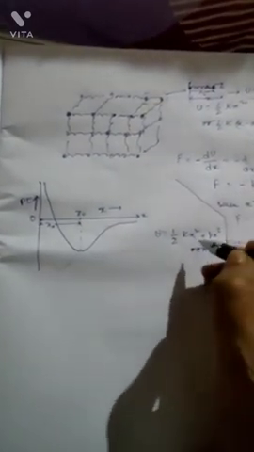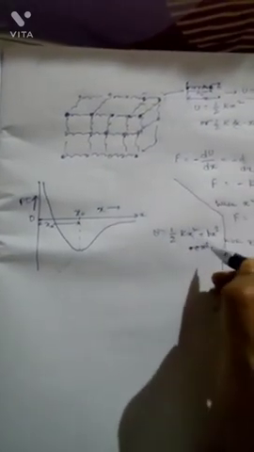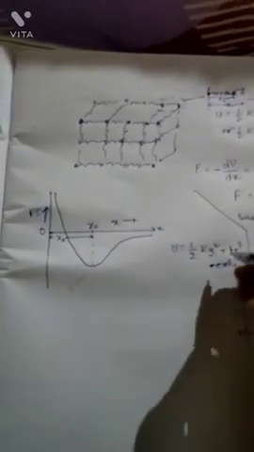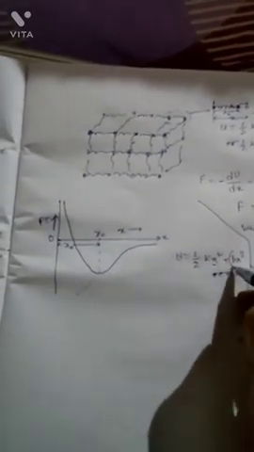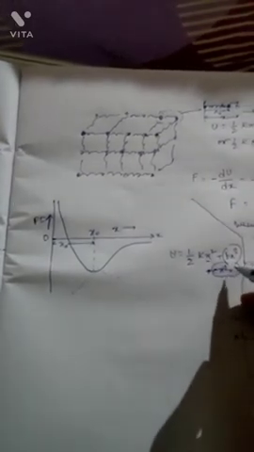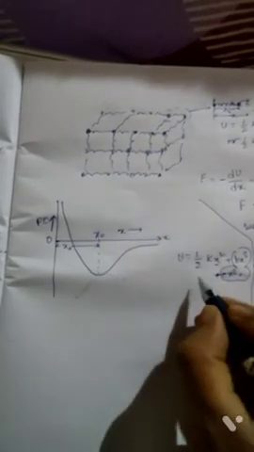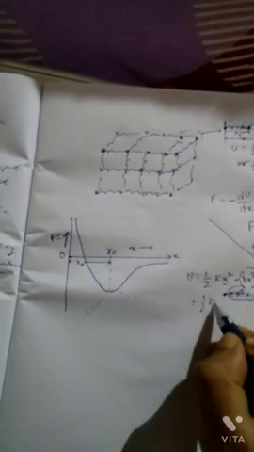But x is the extension from the equilibrium position. So for very small x, we can neglect this cubic and x to the power 4 terms. So potential energy is half k x square, or for this graph, half k (x minus x naught) square.